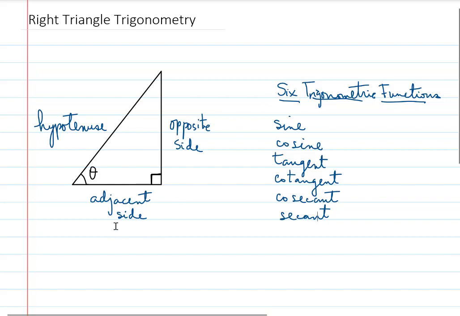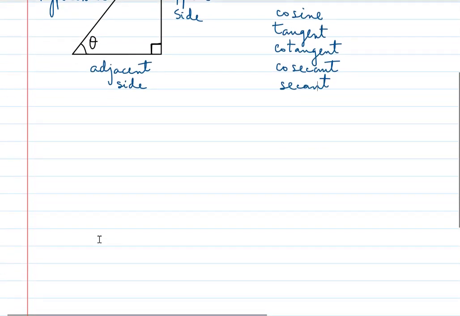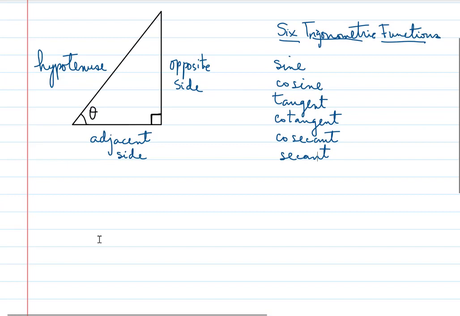So here are the names of the 6 trigonometric functions. We're going to use abbreviations so that we don't have to write the whole word. The 6 trigonometric functions of our angle theta are defined as follows. Sine of theta is equal to opposite over hypotenuse.